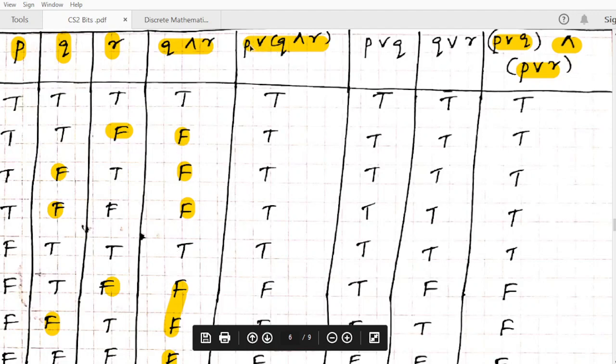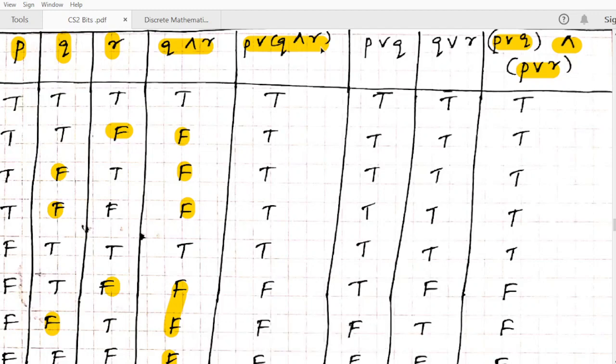Now we are going to find P or (Q and R). We have already found Q and R, and we are going to use P. We are going to use the OR operation between P and (Q and R). So we know for an OR operation, if at least one of the propositions is true, it is true.